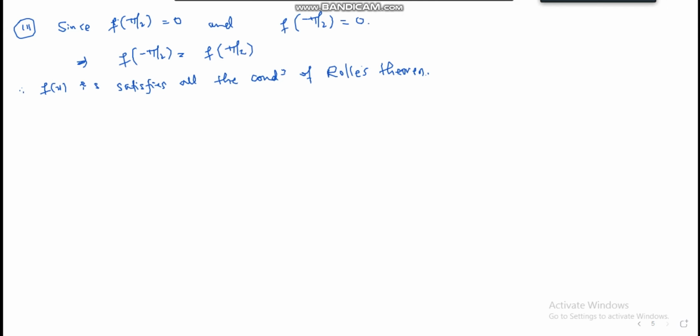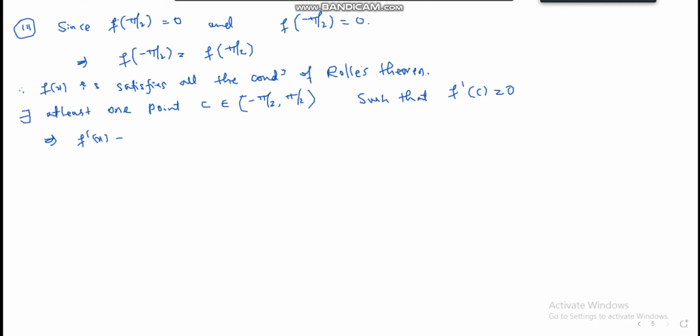Then there exists at least one point c belonging to minus pi by 2 comma pi by 2 such that f dash of c is equal to 0. Therefore we know already f dash of x is equal to minus sin x, but here f dash of c is equal to 0.